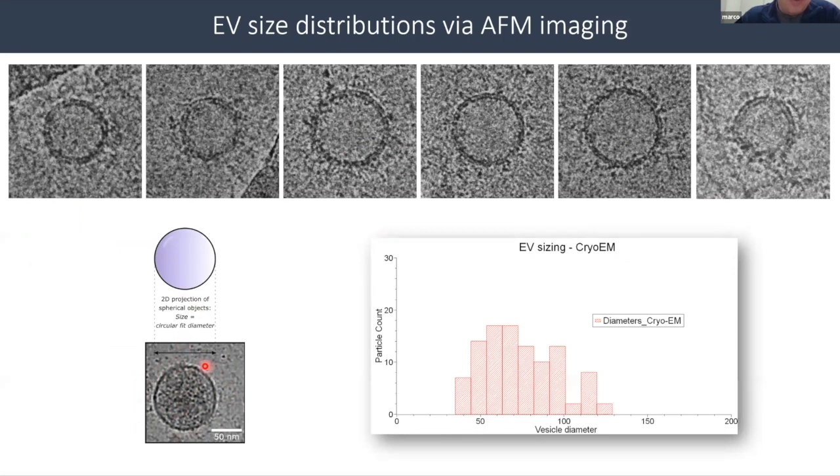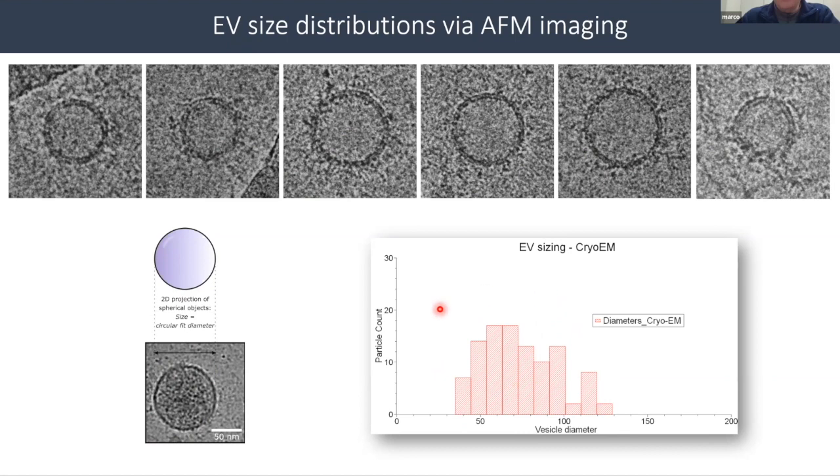So with a simple circular fit, you can reconstruct a distribution of the diameters of the vesicles. You hunt for around 100 of these vesicles in the images and collect them in this histogram.